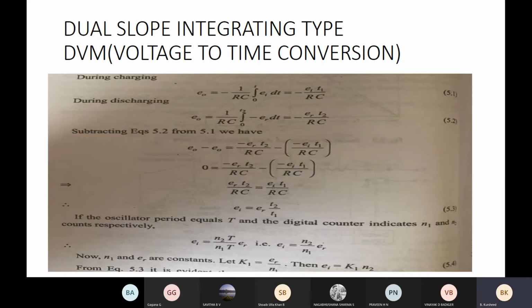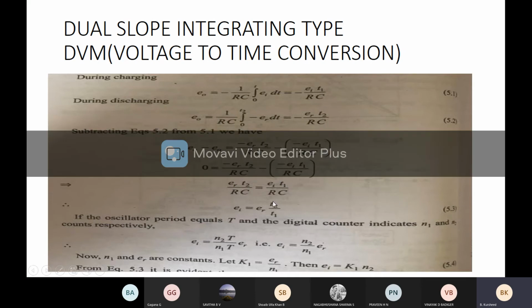This formula is important, Baba. Which formula? ER T2 by RC, EI T1 by RC. RC cancels. EI is equal to ER T2 by T1.